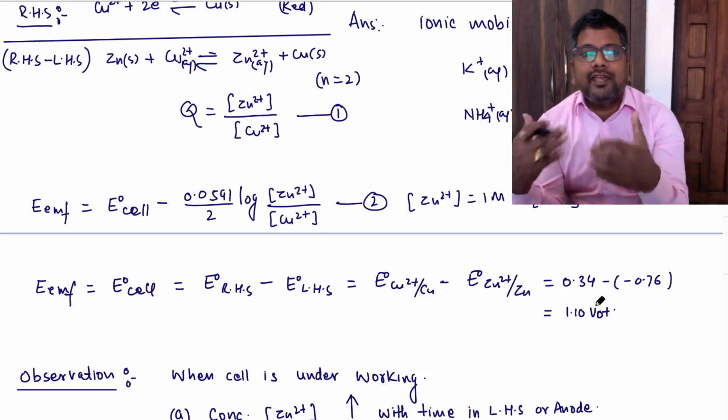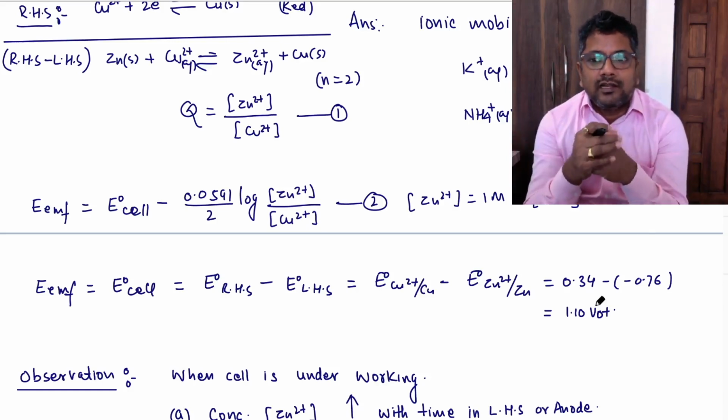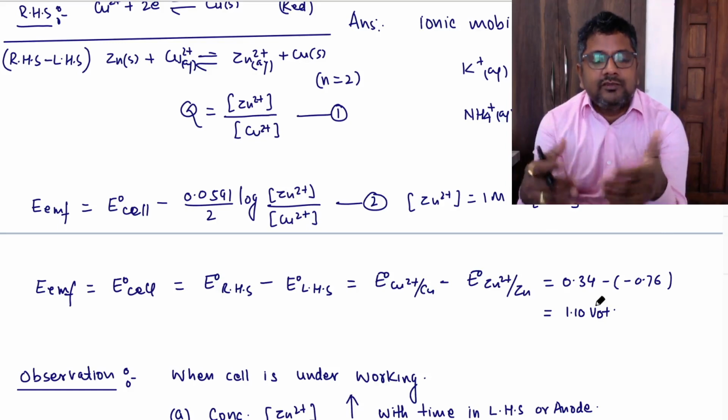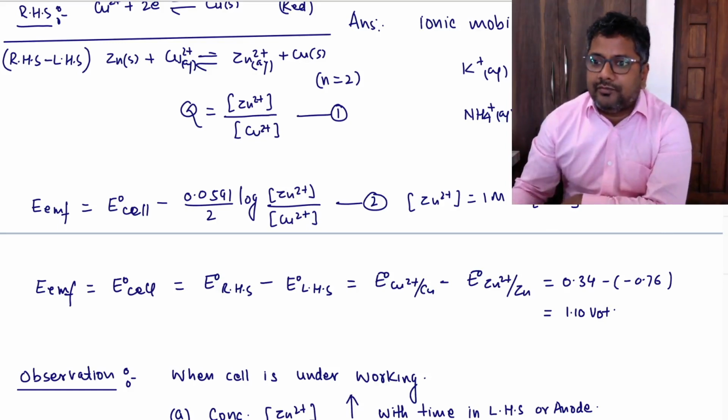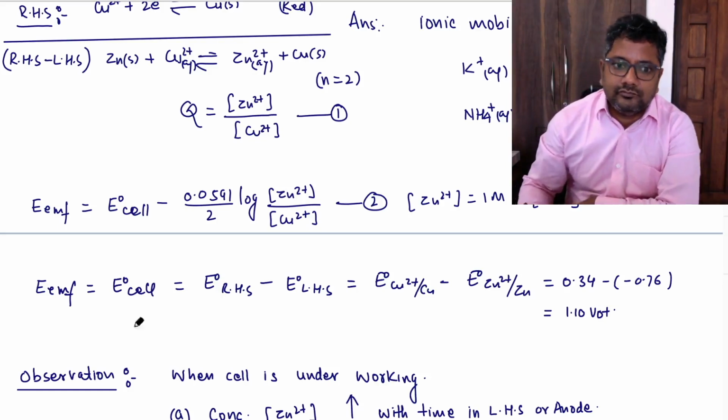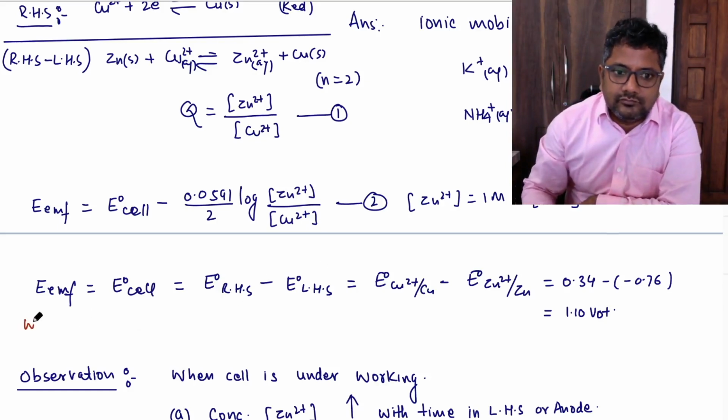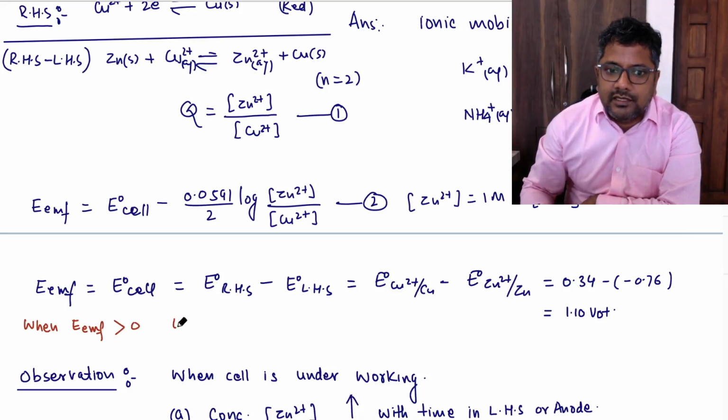So this is the way to find out anode and cathode. You cannot assume yourself, okay, this is anode and this is cathode. So when EMF is greater than 0, then LHS is anode and RHS is cathode.